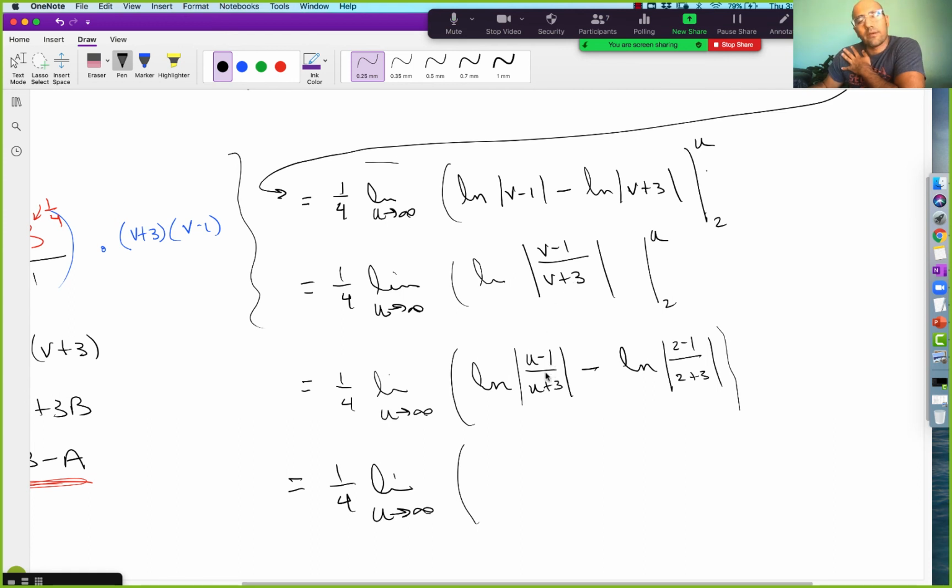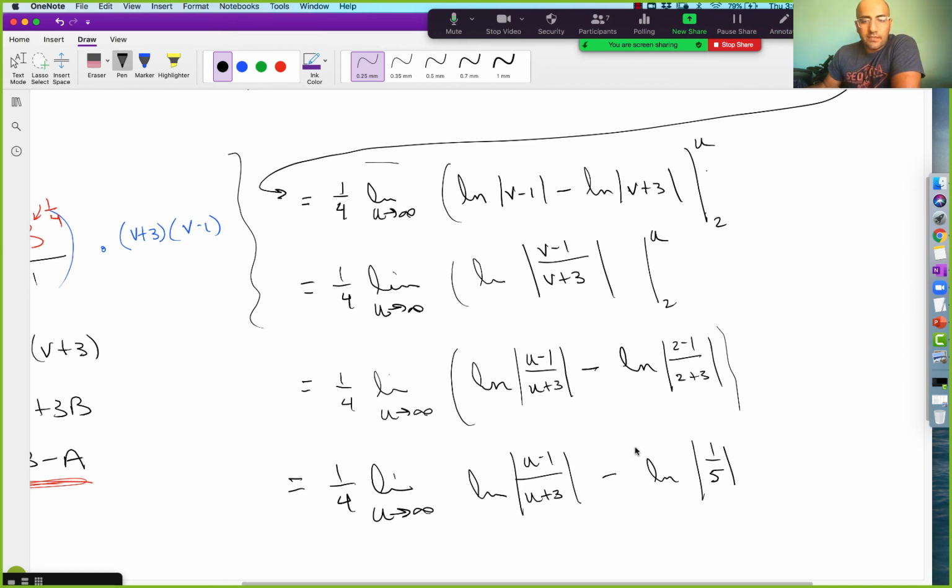This thing, I guess I could break it up again, and maybe I shouldn't have brought it together. If we break it up, then we end up with infinity minus 1 and infinity over this. Okay, this is going to be equal to the ln of the absolute value of u minus 1 over u plus 3, and then minus ln of 1/5 absolute value.